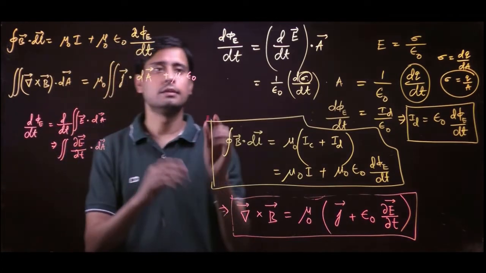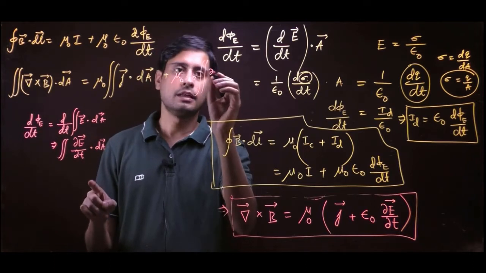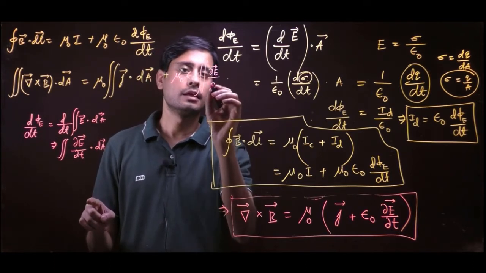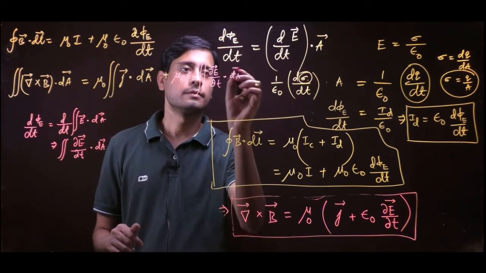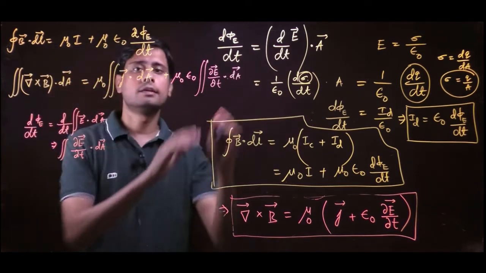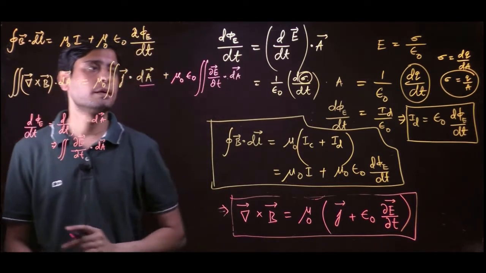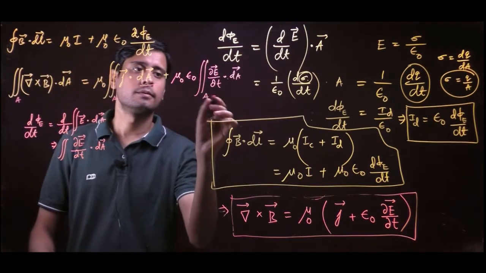Now write it here. So you have del E over del t dot dA. Now all the integrals are done with respect to this area. This is also area, and this is also area.